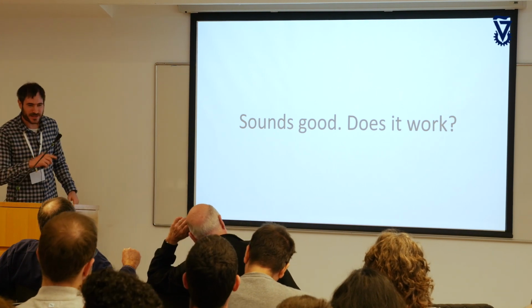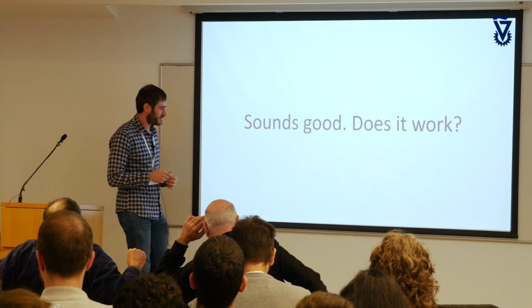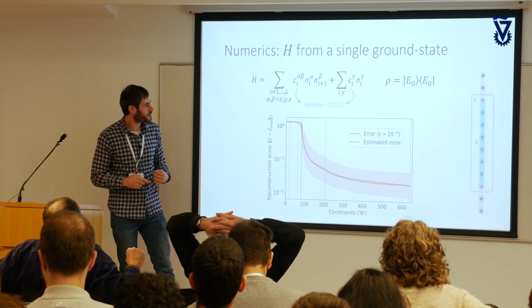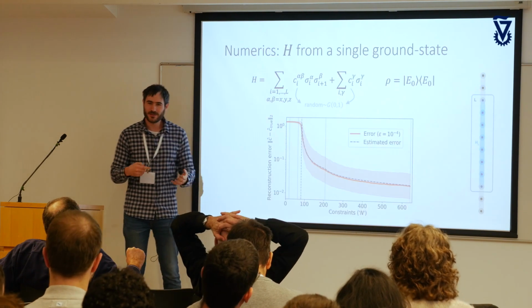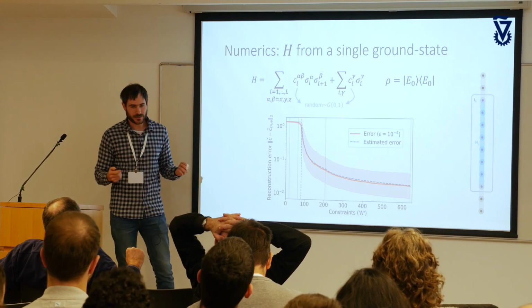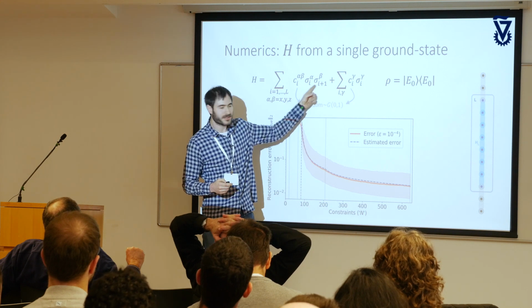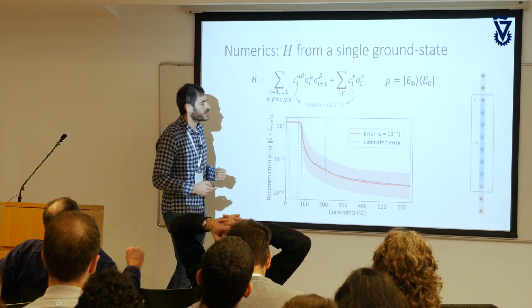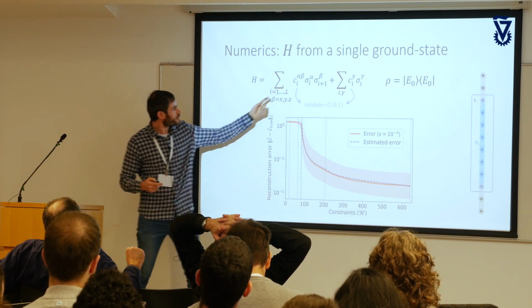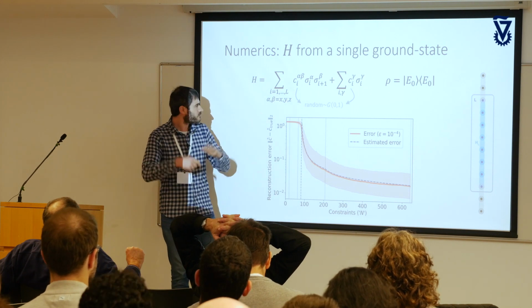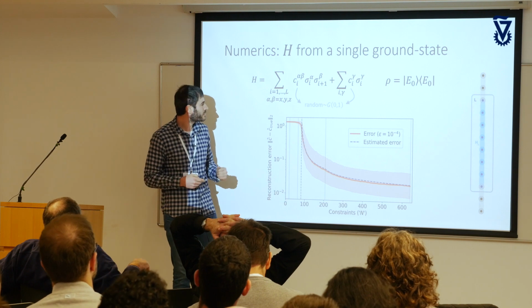Okay, and maybe this will help understand what I mean by the error in the reconstruction. We did some numerical simulations. We generated random Hamiltonians. We took all possible terms acting on single sites and on nearest neighbors, and drew the coefficients of these terms from a Gaussian distribution, just to look at generic Hamiltonians.